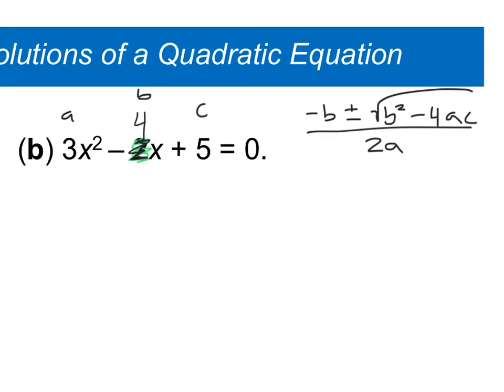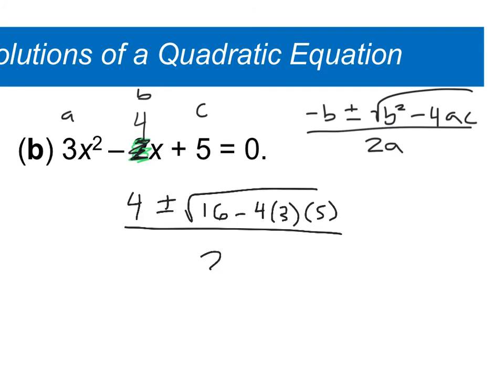So negative b becomes positive 4 plus or minus the square root of negative 4 squared, which is 16, minus 4 times 3 times 5, over 2 times 3. All I did was plug in our a, b, and c.